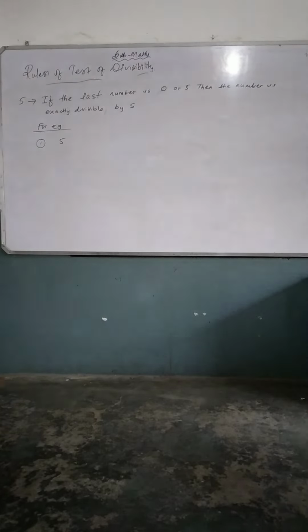260. Now according to the rule, what is written over there? Wait. You say. What do you have to see for 5? If the last number is 0 or 5.